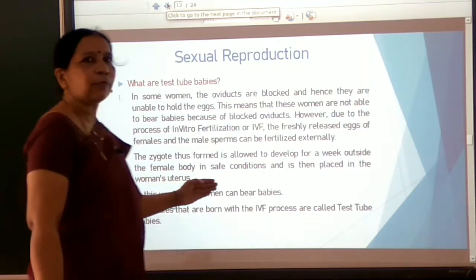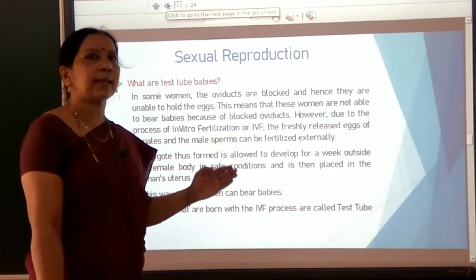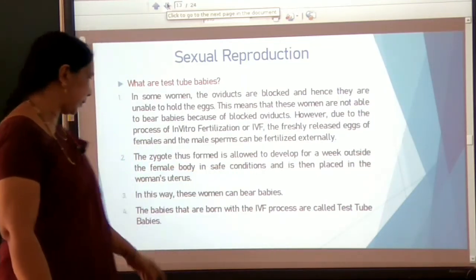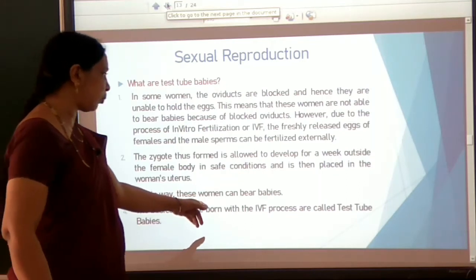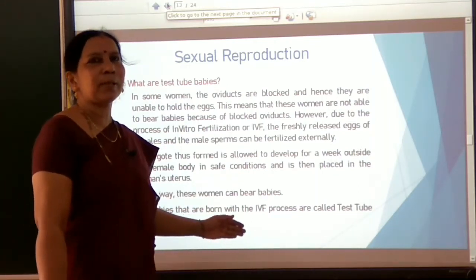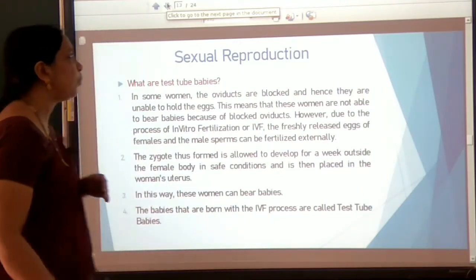In this way, further development takes place inside the woman's uterus, and women can bear babies. Since the babies are born with the IVF process, they are called test tube babies.